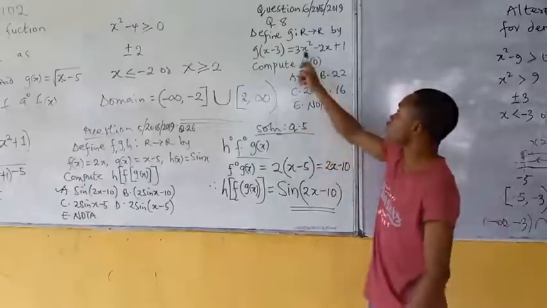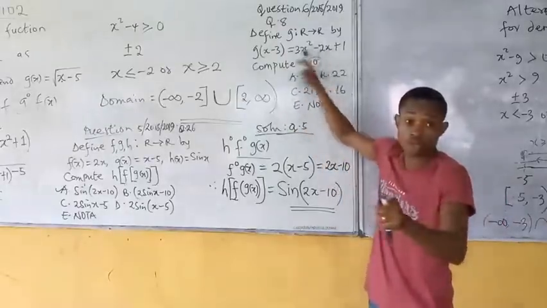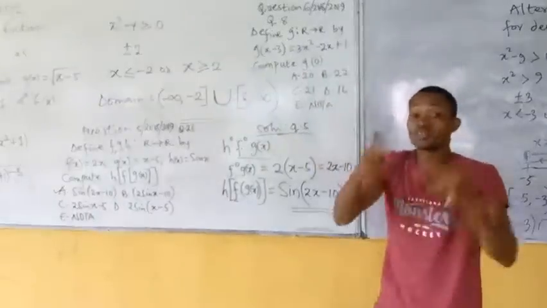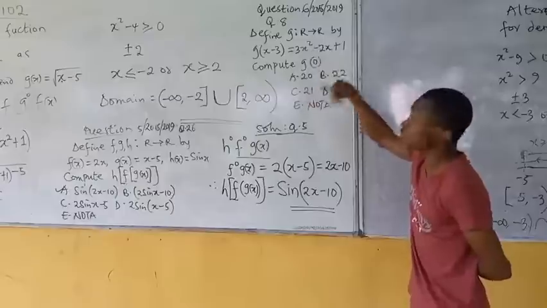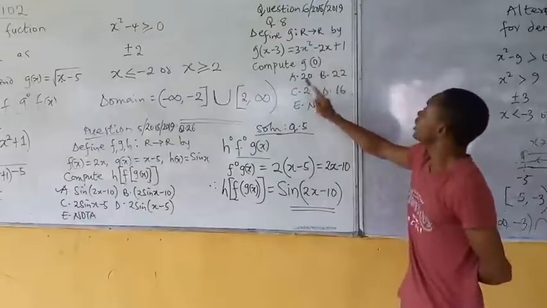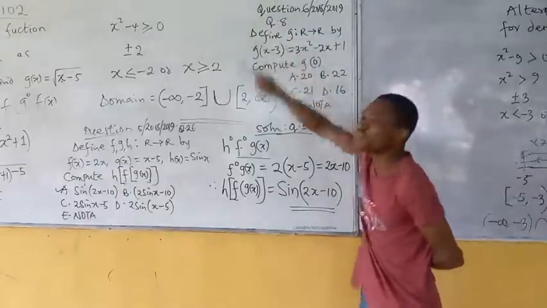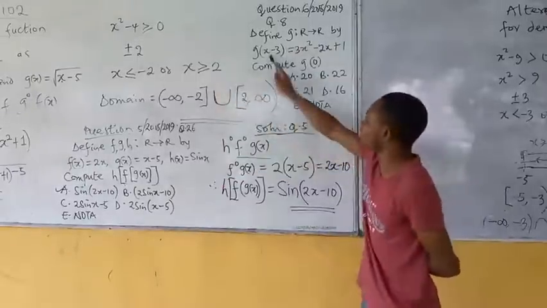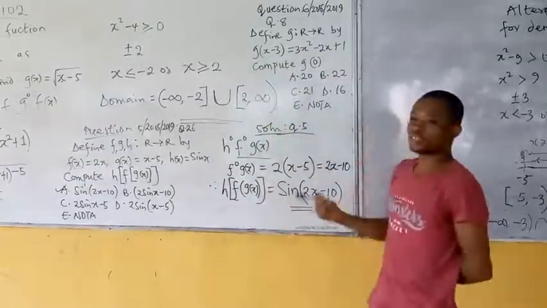The only thing you can substitute for here is what? The only thing you can fix the value for here is what? X. So the secret is this. Since the examiner says you should calculate or compute or get g of 0, it means go to this function called g. Ordinarily, on the ones we've been solving, this thing could have just been g of x. Is that not so? So it doesn't change anything.